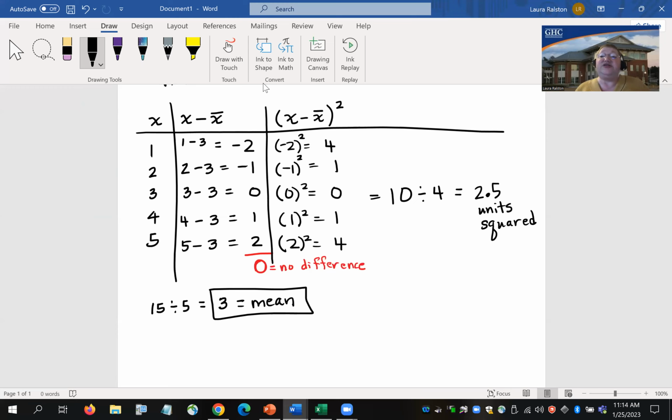Again, you do have symbols. You have a symbol for the population standard deviation, and you have a symbol for the sample standard deviation. Again, population is always Greek letters. It is the Greek letter sigma.